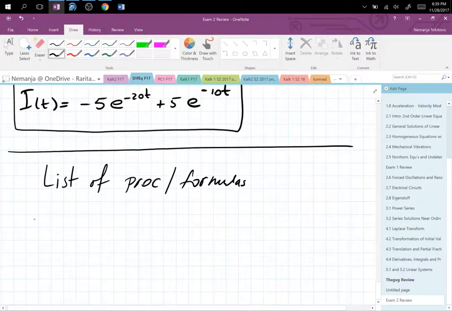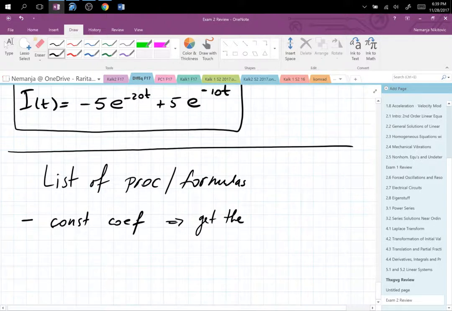So we start by, you still have to know from chapter 2 the constant coefficients, where you get the characteristic equation with r's.